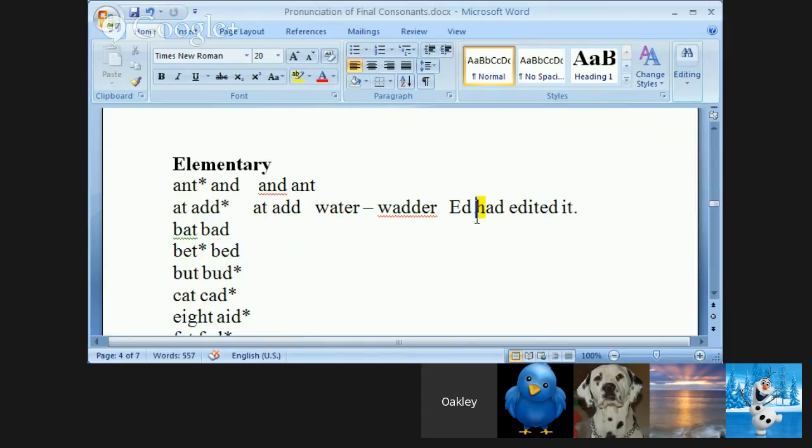Many second language learners just cannot say that at all. If you say to me this, it doesn't make any sense. Edited it. Okay, well, special circumstances, it could work. Okay, anyway, that's just for fun.